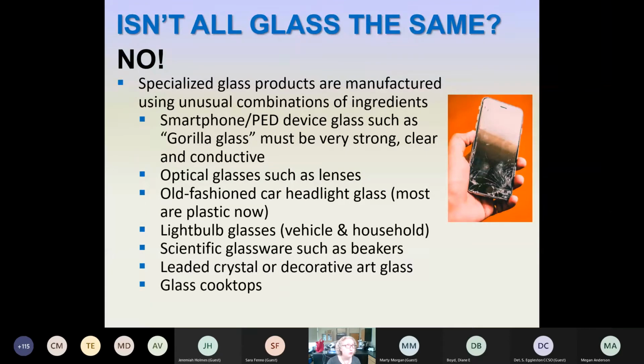You still do have some older vehicles with headlight glass, although most headlight assemblies are now comprised of plastic parts. The light bulb glass that we see both in vehicles and household lights is a very specialized type of glass, as is scientific glassware such as beakers, or then anything in the decorative art category or functional glass categories such as glass cooktops or fireplace glass doors that are very thermally resistant. So all of these would look very different to us in the lab with the tests that we do from your typical window from a car, window from a building type glass.